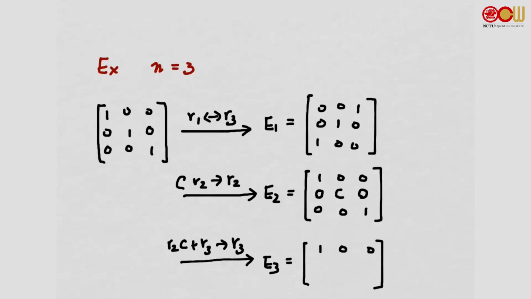So in this example, we multiply the second row by C and we add it to the third row. The first row and the second row are not changed at all. Only the third row. For the third row, we multiply the second row by C and we add it to the third row. So this is what it is.